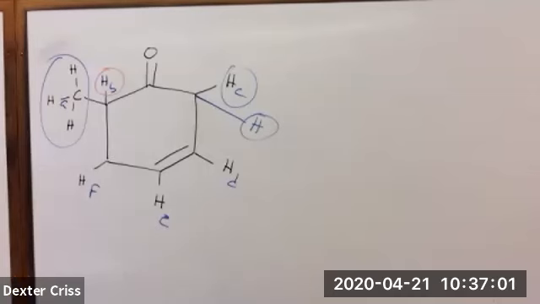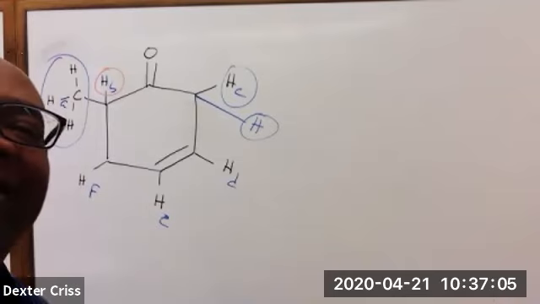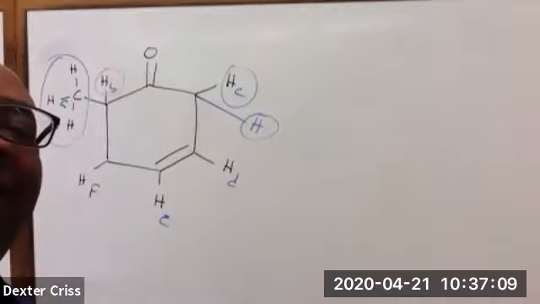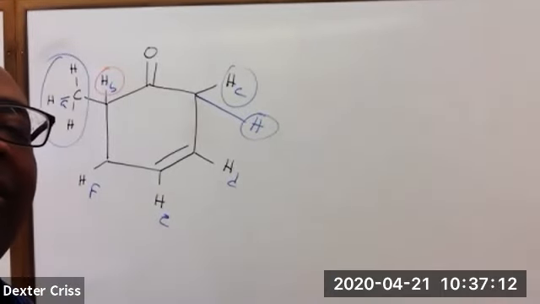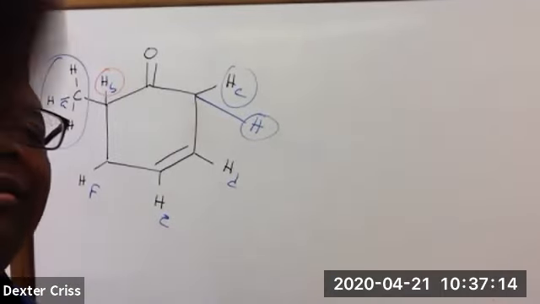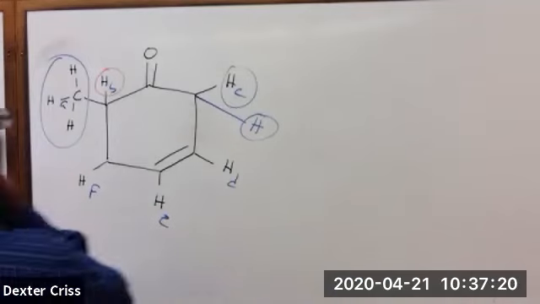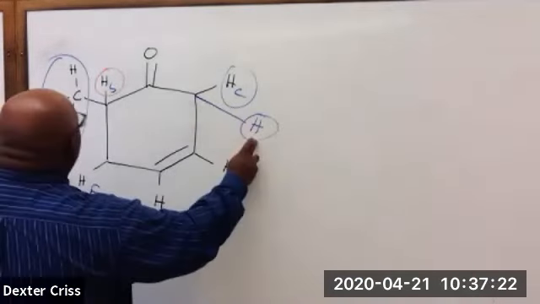Which one is more electron donating, the hydrogen or the methyl?